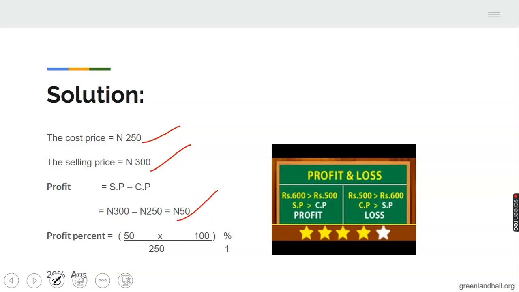Let's now go to the profit percent. I told you our profit percent is what? The profit, or the gain, over cost price times 100 over 1, and your answer will come up in percentage. Okay. Now, by the time you divide, you cut the 0, 500 divided by 25.